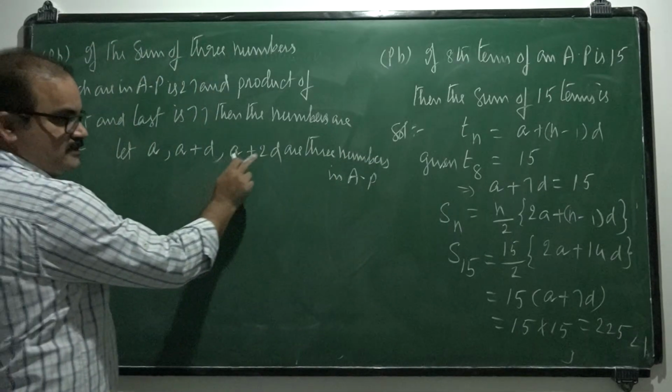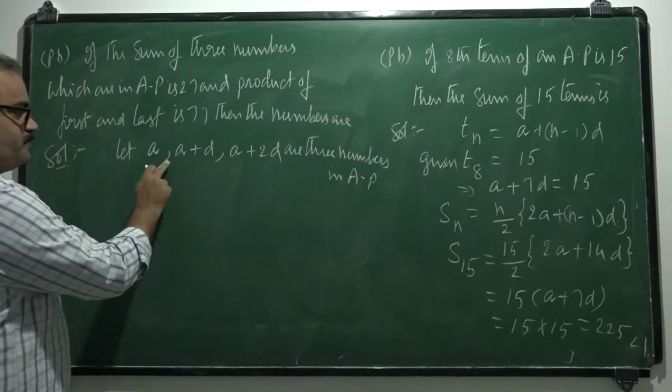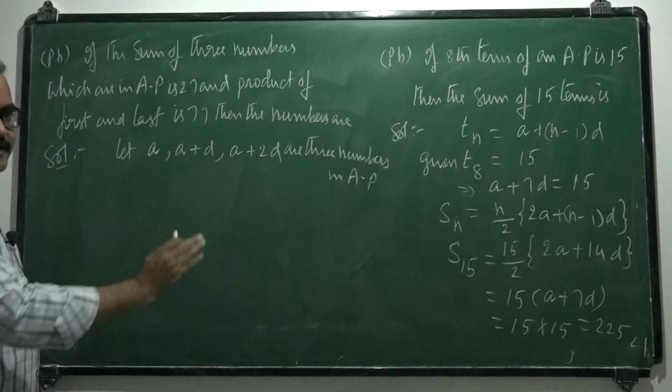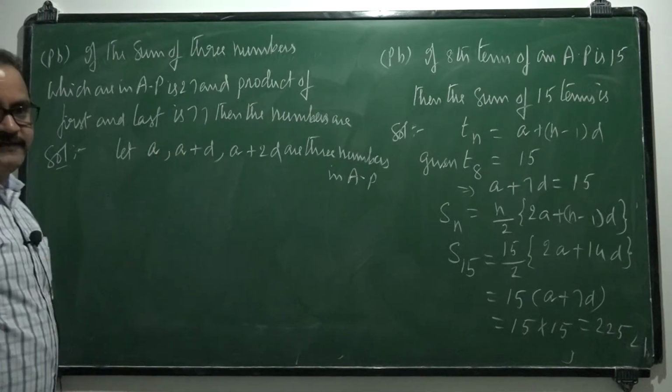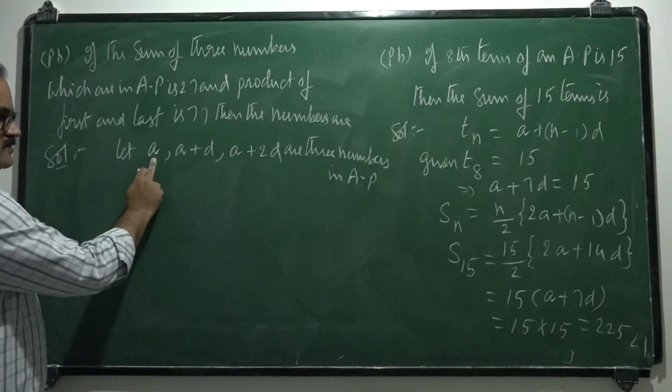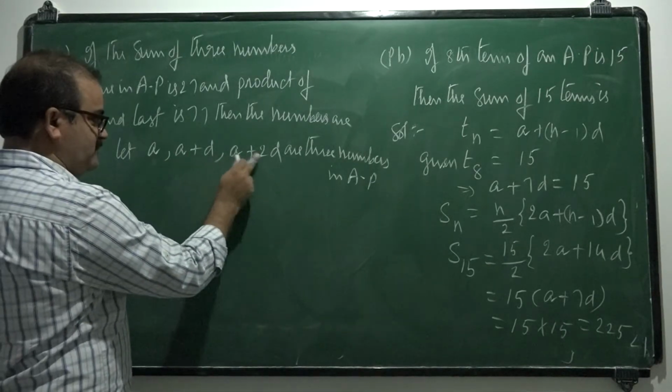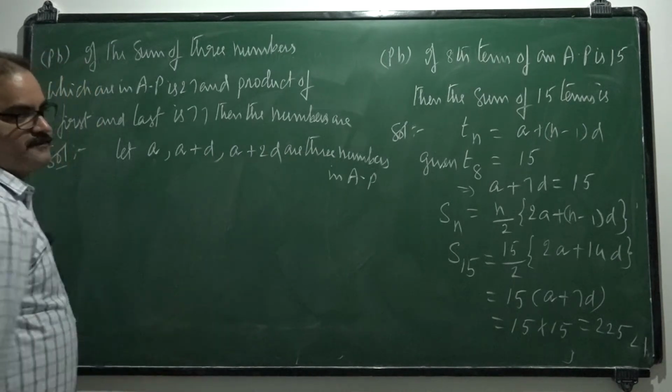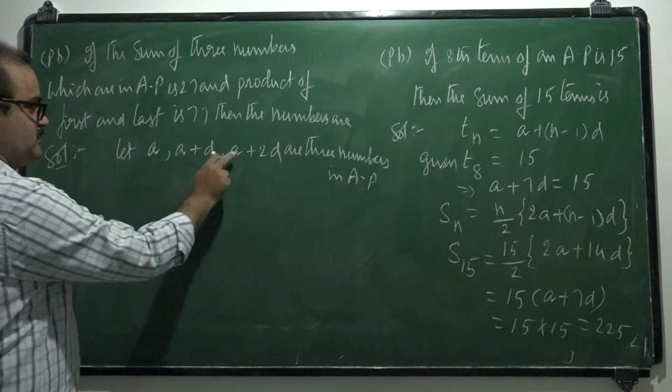Why do we take these 3 numbers? You observe, if the numbers are in AP, then their common difference is the same. What is the difference between these 2 terms? d. What is the difference between these 2 terms? This is also d. So we take these 3 numbers.